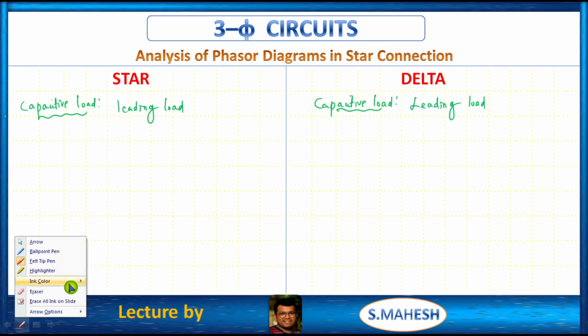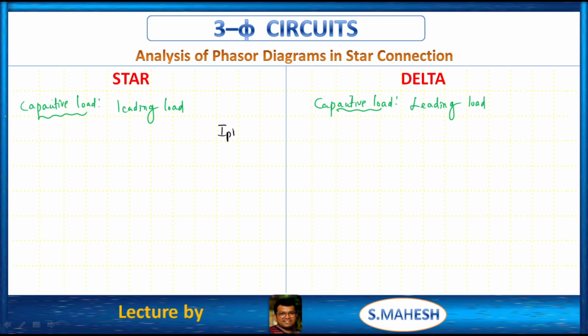Leading load means what? Current leads phase voltage by phi, right? Then this is VR, this is Vy, this is Vb.